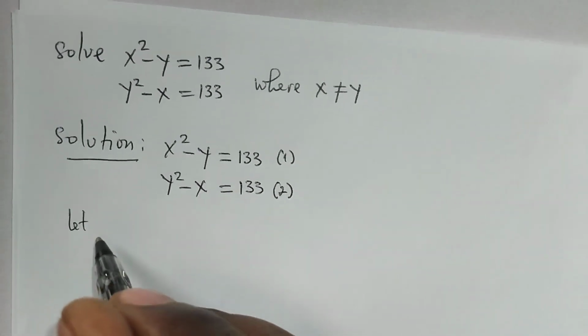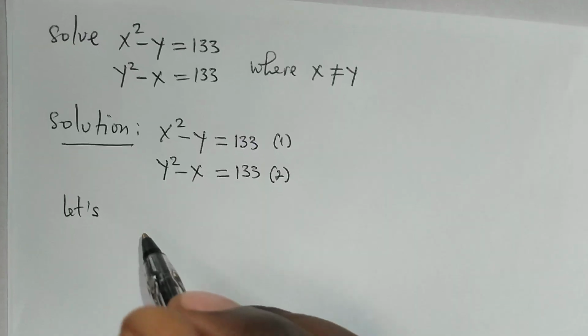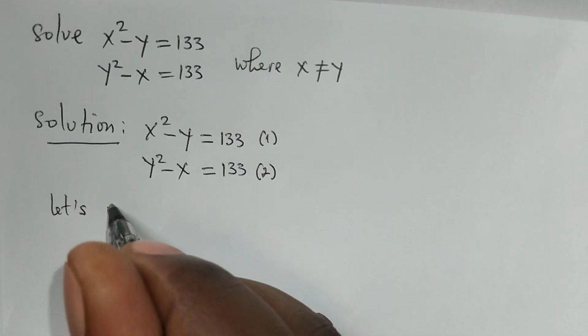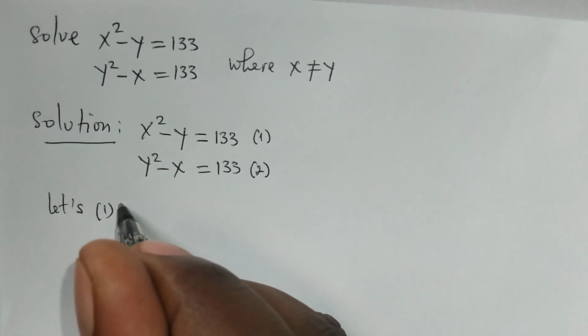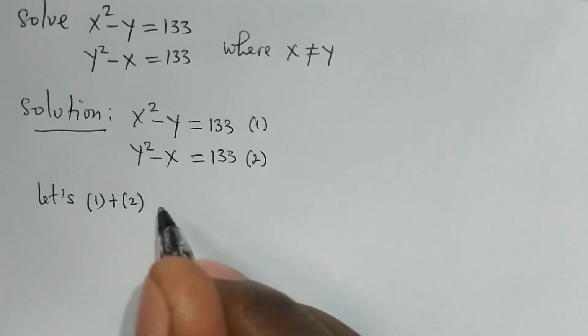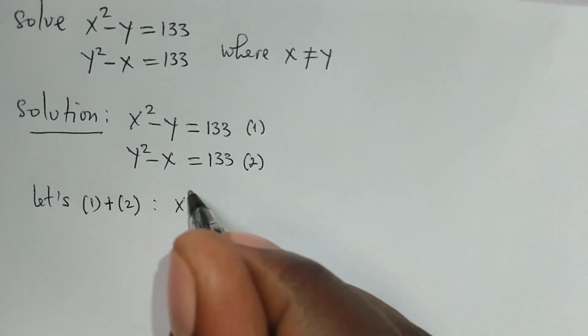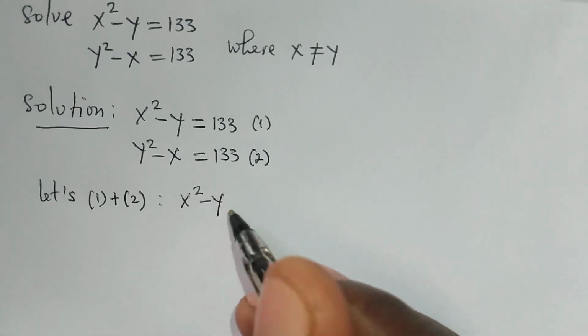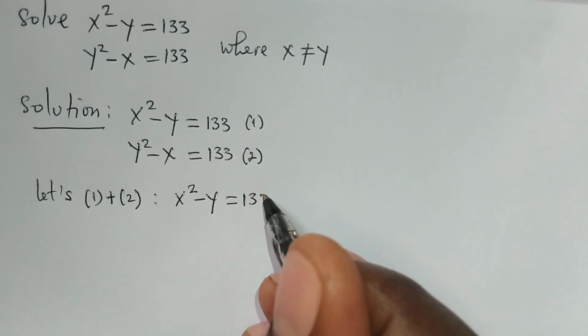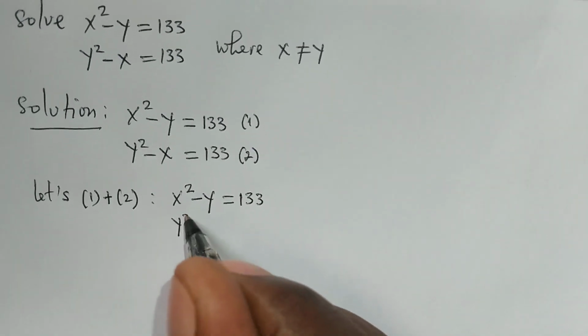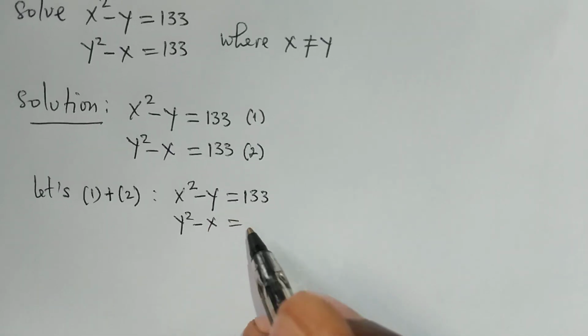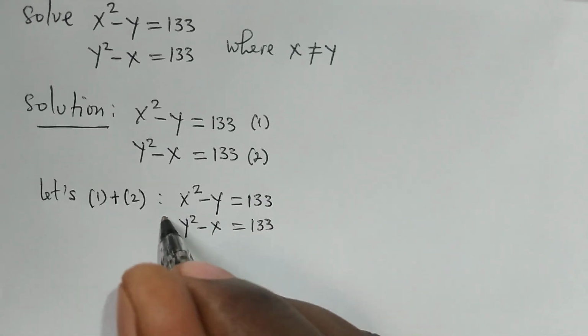let us take equation 1 plus equation 2. So we have x square minus y, which is equal to 133, and y square minus x equal to 133.